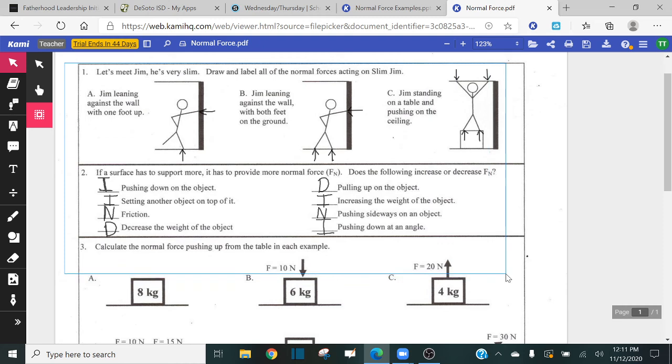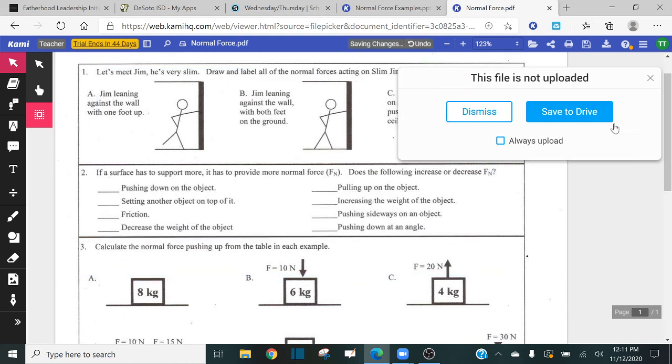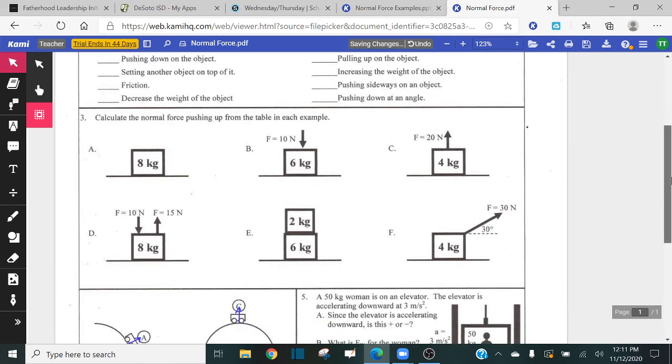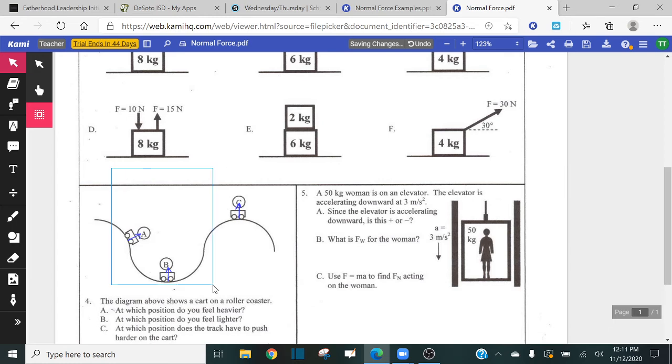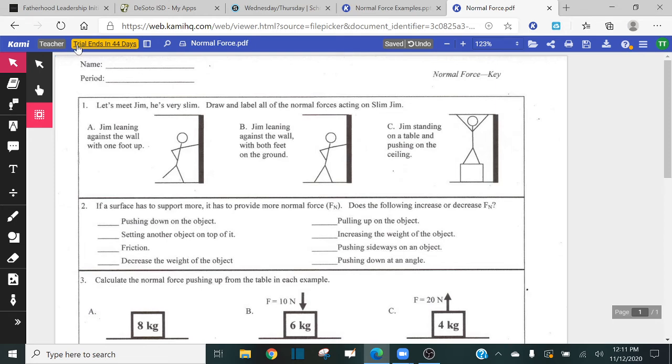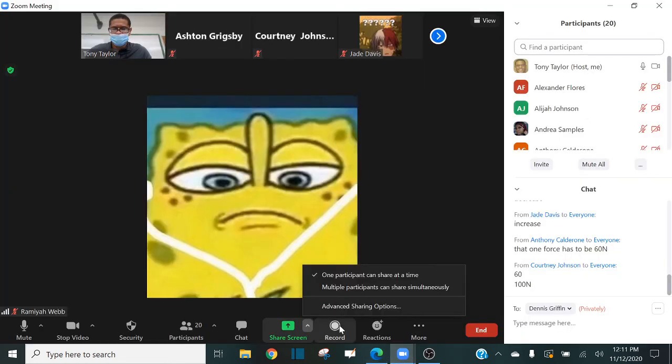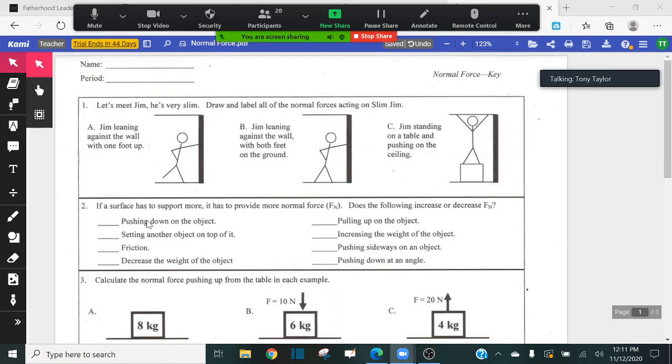Sometimes I forget to clear the annotations from the previous class. Okay, guys, so you can see my screen now.